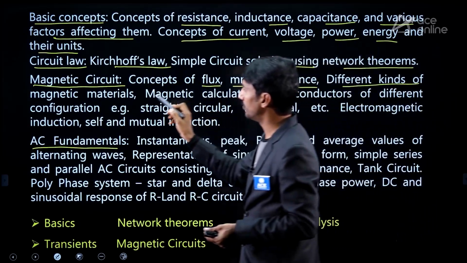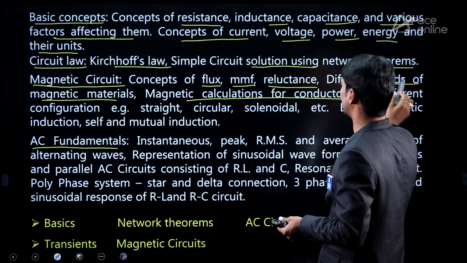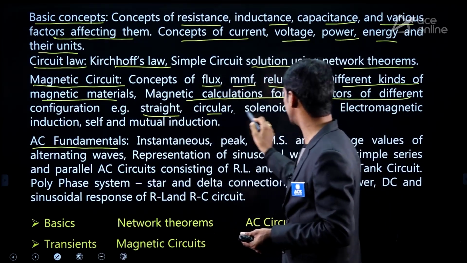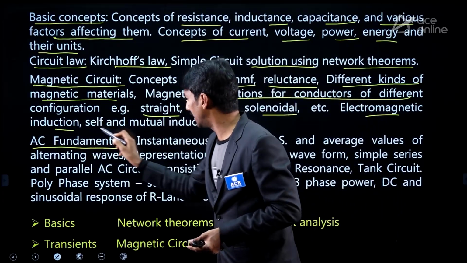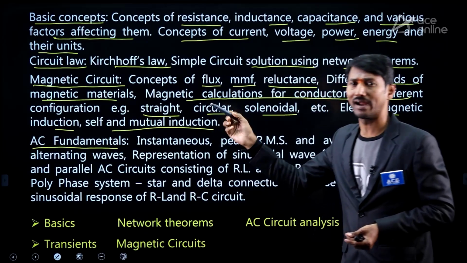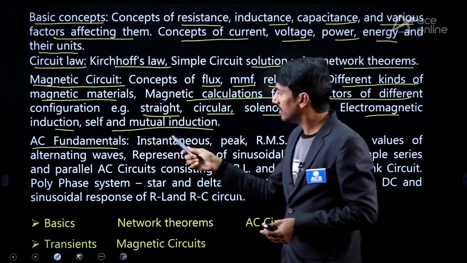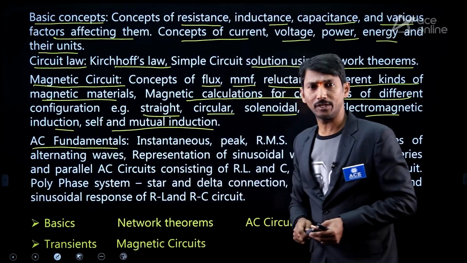Different kinds of magnetic materials, magnetic calculations for conductors, right? For example, straight, circular, solenoid, etc. And then electromagnetic induction, self and mutual induction. All these are coming under magnetic circuits.